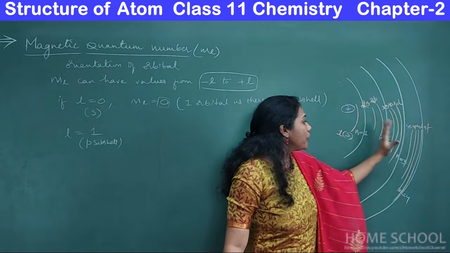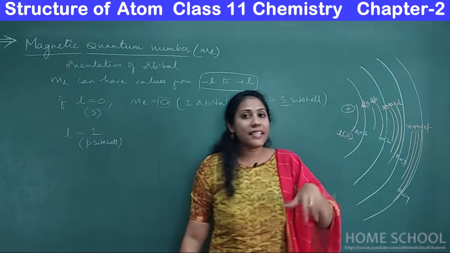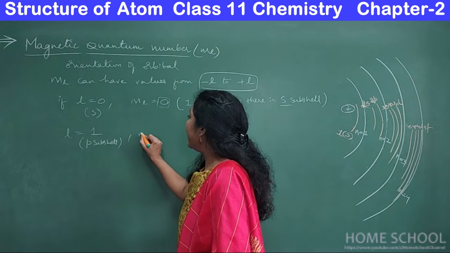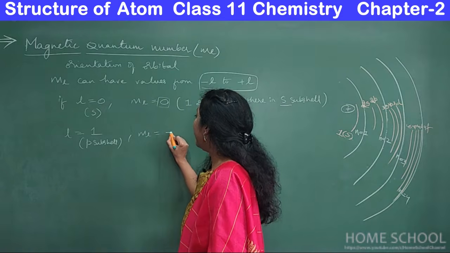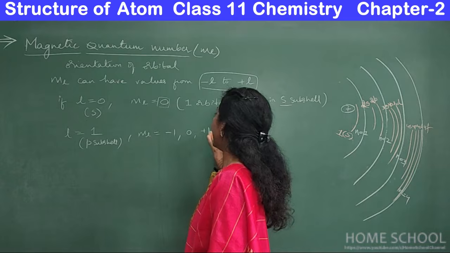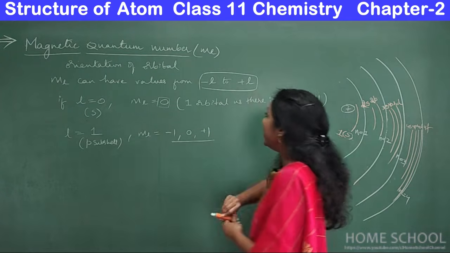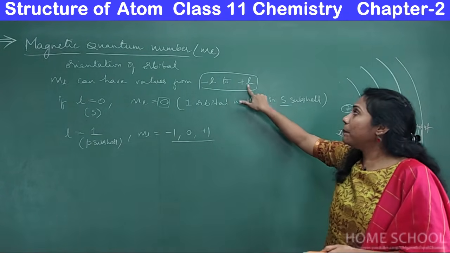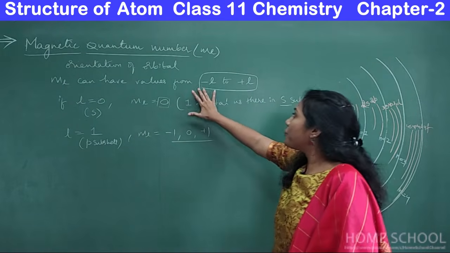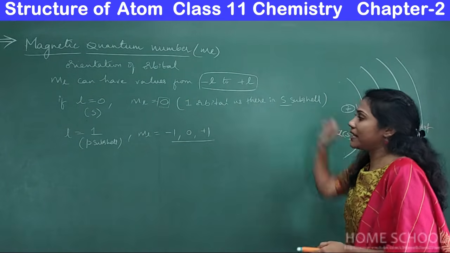So when L is equal to 1, ml values can be minus 1, 0 and plus 1. This is what we mean by having values from minus L to plus L.